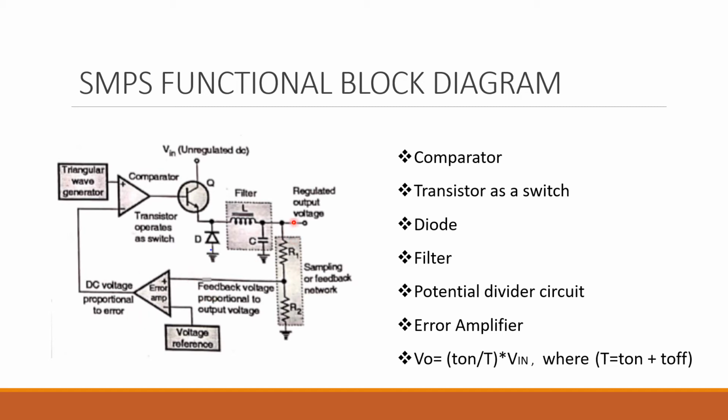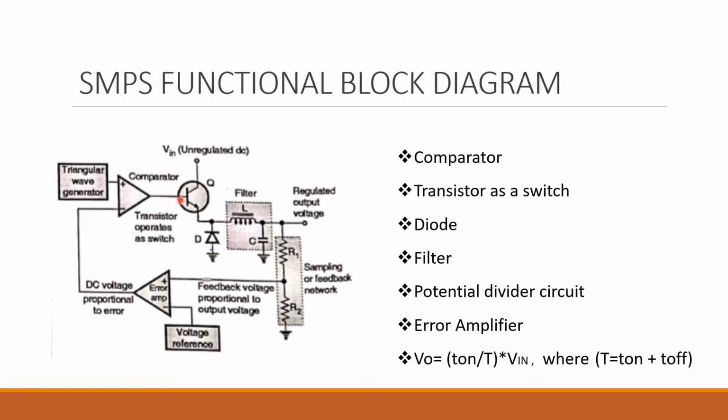Hence, output voltage that you are getting V0 is depending on output of comparator. On and off period of pulse that you are applying at transistor input will decide the output voltage. Hence, V0 is given by T on divided by total T multiplied by V in, where T is total time period, T on plus T off of square wave which we are applying here at the base of this transistor.